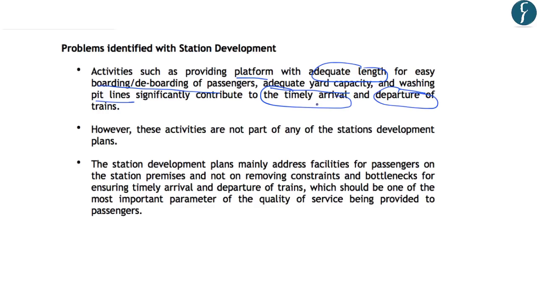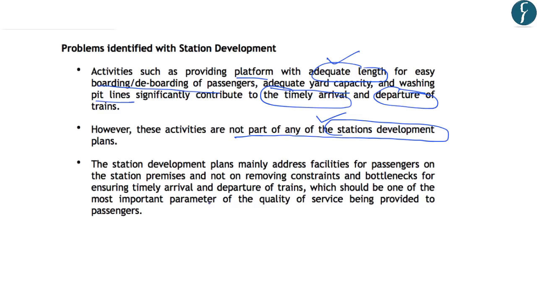So, for timely arrival and departure of trains, the platforms require adequate length for easy deboarding and boarding of passengers, adequate yard capacity, and washing pit lines. However, the report highlights that these activities are not part of any of the station development plans. So, this is one of the important issues because of which the trains are getting delayed.